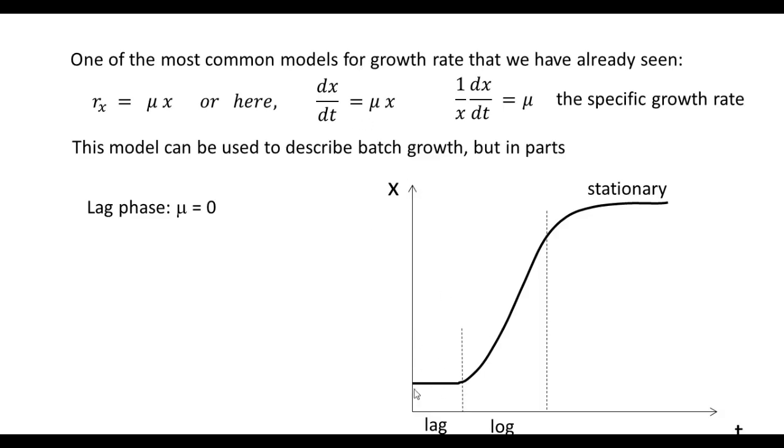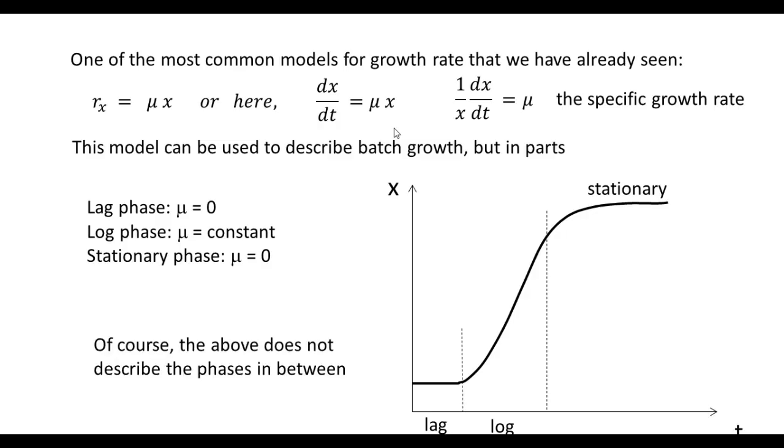There is no change in the cell concentration. In the log phase, which is probably what you have been exposed to so far, mu happens to be a constant. And in the stationary phase, again there is no change in cell concentration, therefore mu is 0.